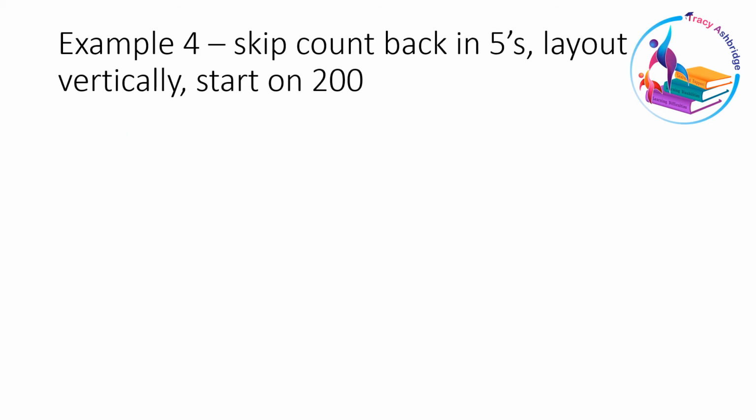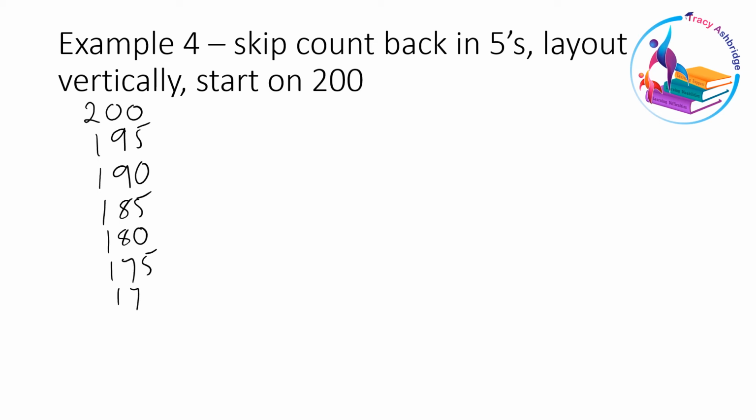So we can skip count in 5s, we can lay it out vertically, so we could go 200, 195, 190, 185, 180, 175, 170, 165, 160, 155, and then we might decide we want to put 150 up here. 145, 140.